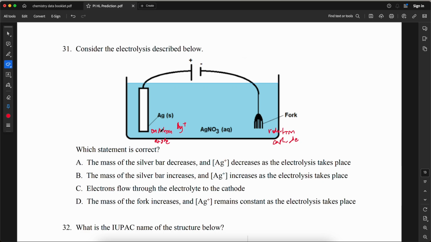It experiences oxidation, so losing electrons, producing Ag+. So silver ions are formed, and the same amount of ions are reduced at the cathode, so the mass of the cathode will increase. Therefore, the answer is D. The mass of the fork increases and the concentration of Ag+ remains constant as the electrolysis takes place.